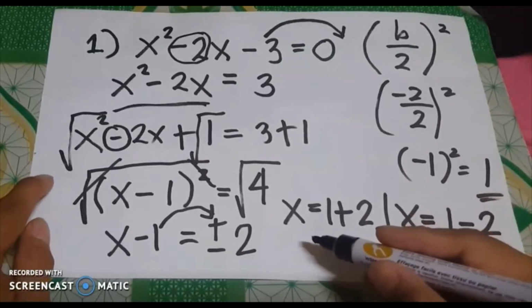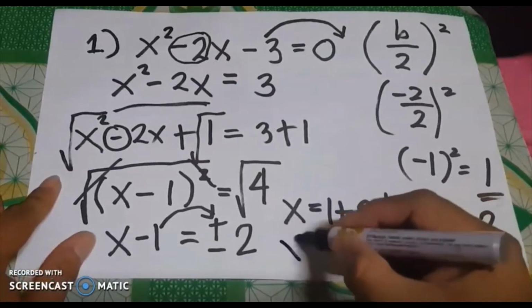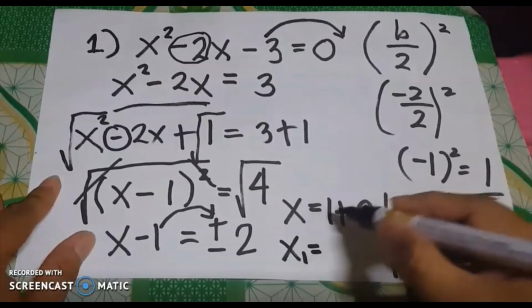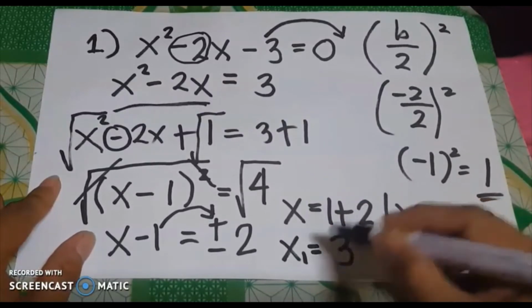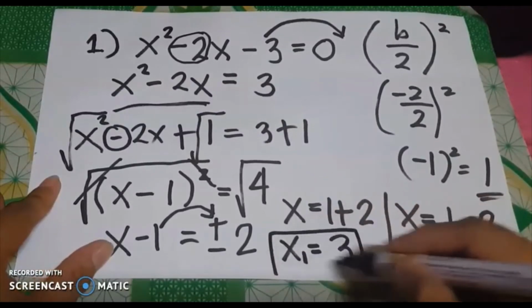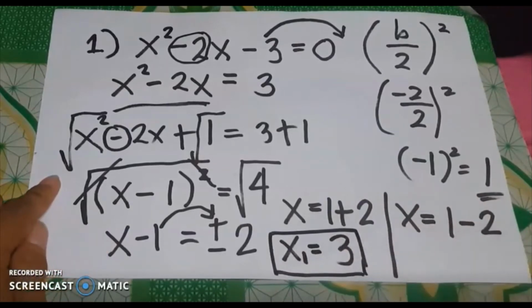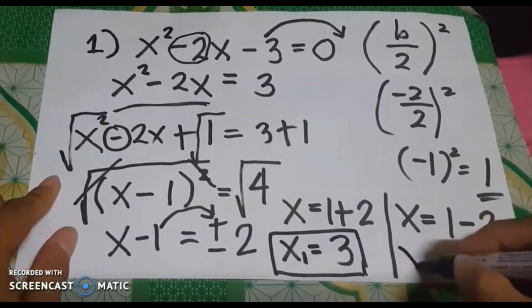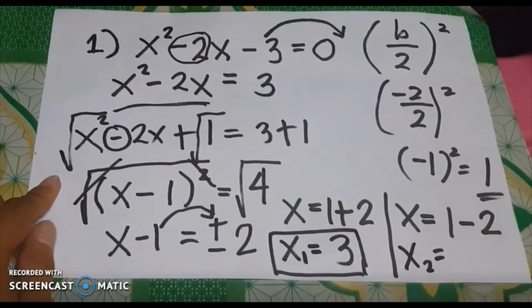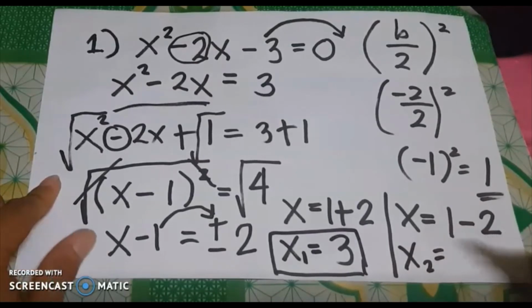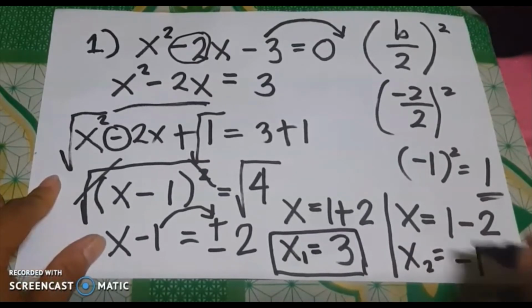So, now let's solve for the value of the variable. For x sub 1, here, we do have 1 plus 2, which is equal to 3. So that would be our first solution. Now, for x sub 2, that would be equal to 1 minus 2. So that would be equal to negative 1.